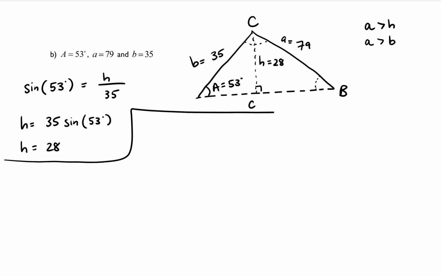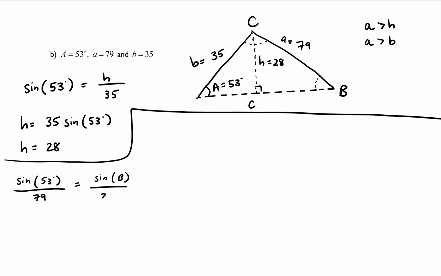So let's see. I'm going to set up one of my ratios. I know that sine of 53 degrees over 79 is equal to sine of capital B over 35.